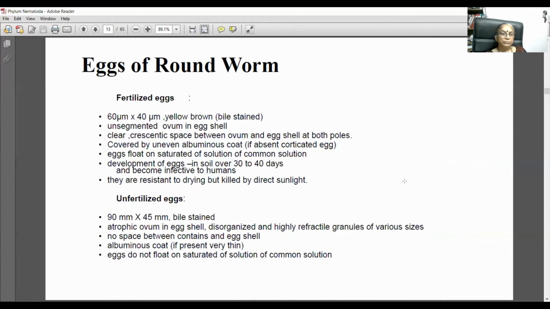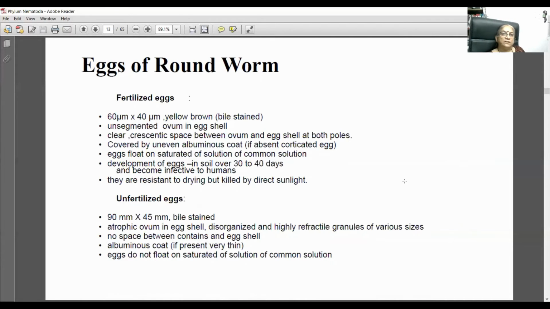The unsegmented ovum is seen in the shell. The shell is quite thick. There's a clear crescentic space between the ovum and the eggshell at both the poles.